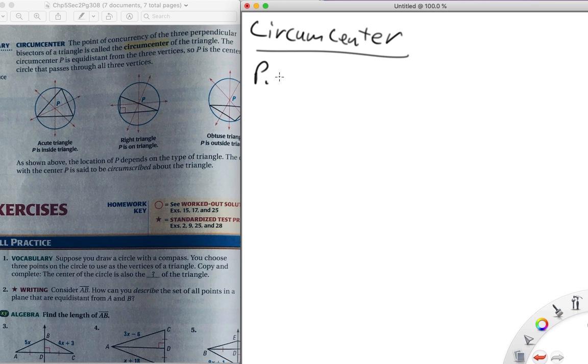So, POC, point of concurrency of three perpendicular bisectors of a triangle, is called a circumcenter.